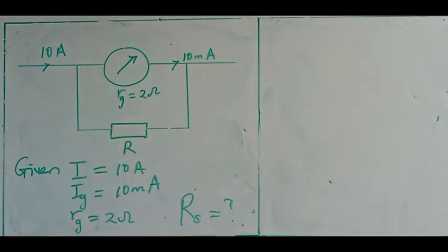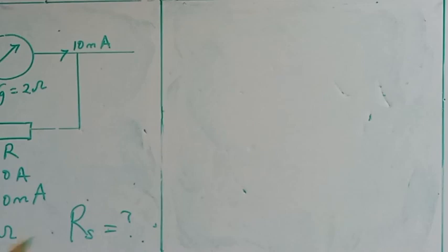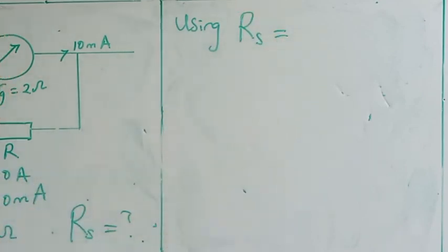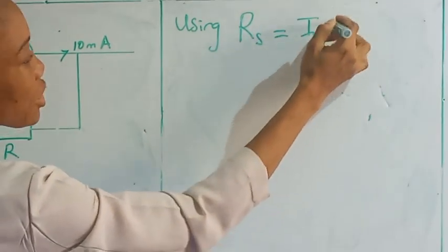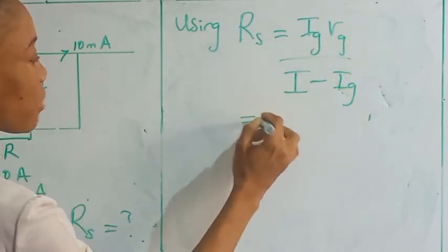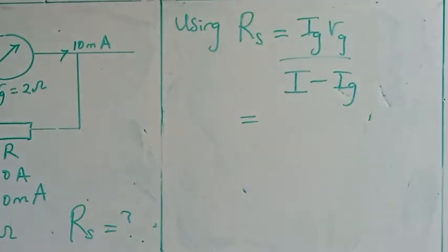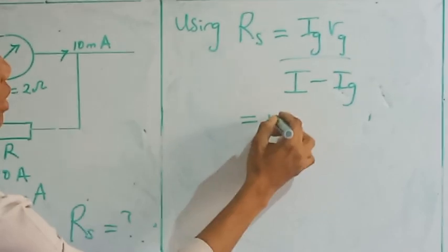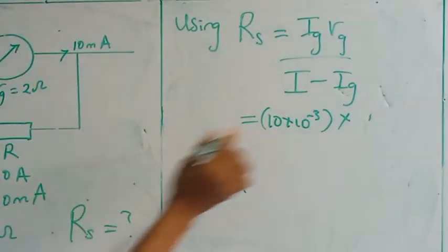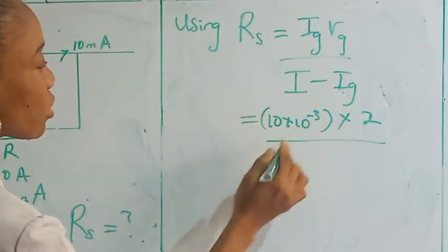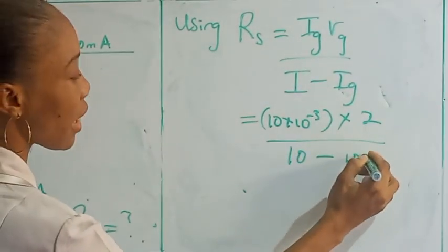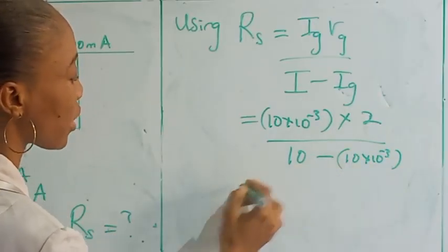We are looking for the shunt resistance. So using the formula, please always write the formula so that you get the mark. IG RG over I minus IG. IG is 10 times 10 raised to the power minus 3, times RG, which is 2, over I, which is 10, minus 10 times 10 raised to the power minus 3.